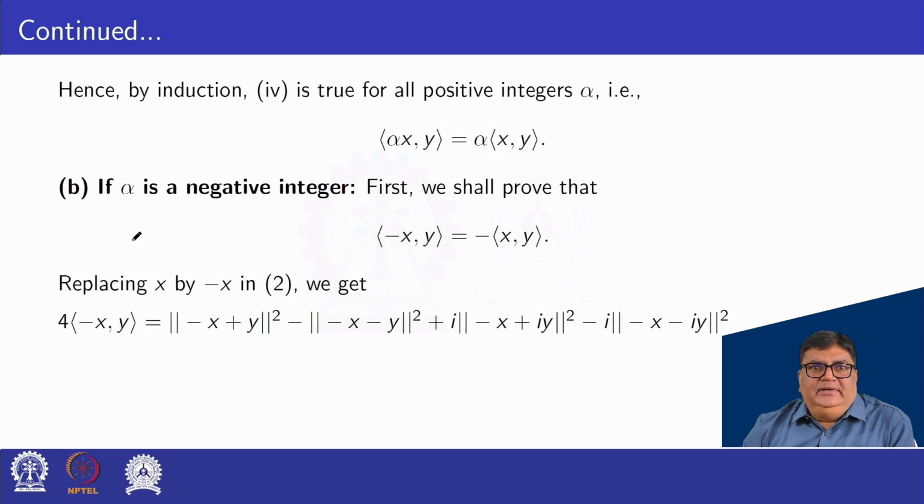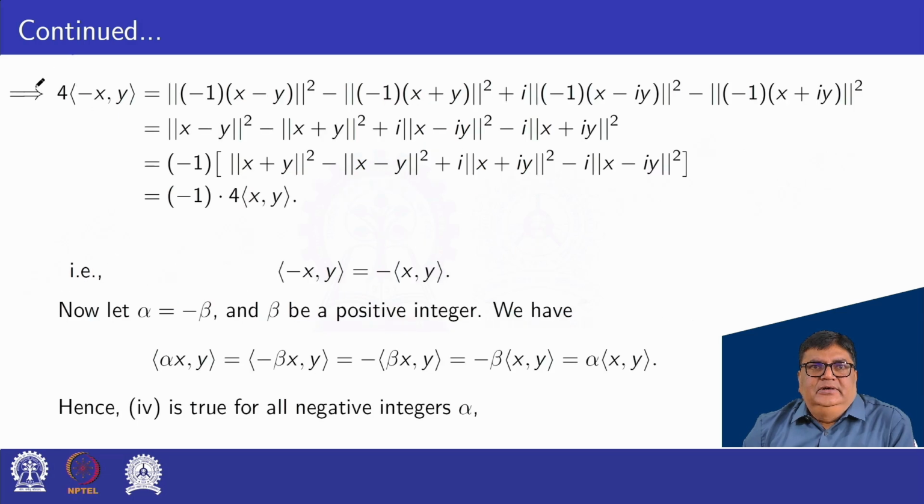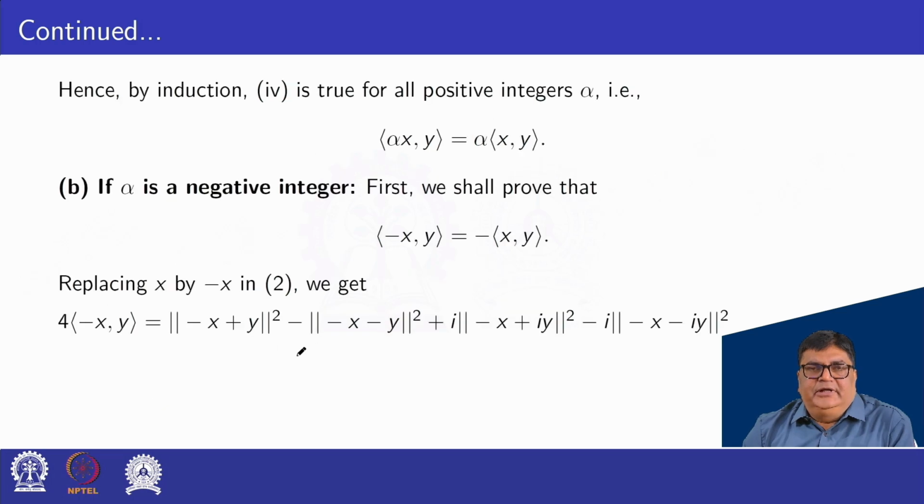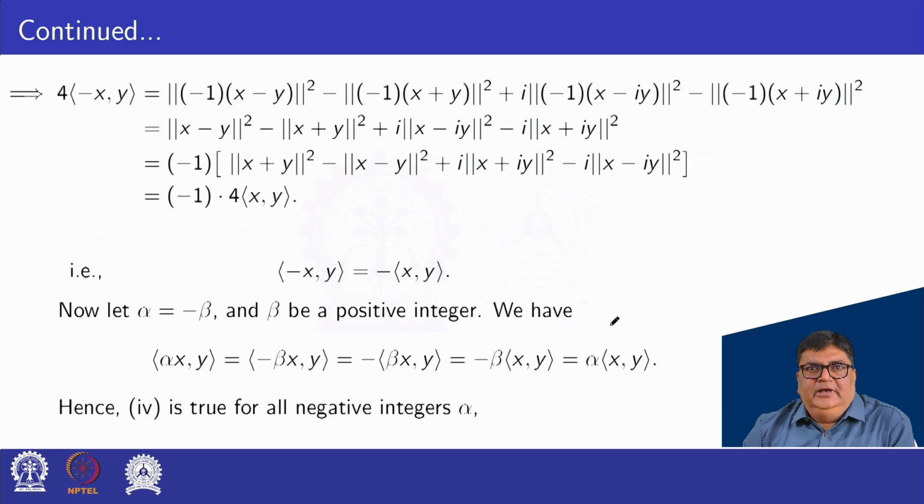This implies that 4 into inner product of minus x, y equals this one, taking minus 1 common in each term. So the above expression can be written as this by taking minus 1 common.